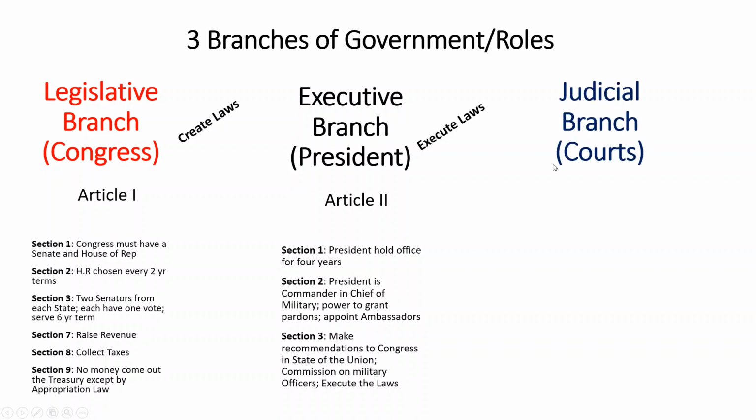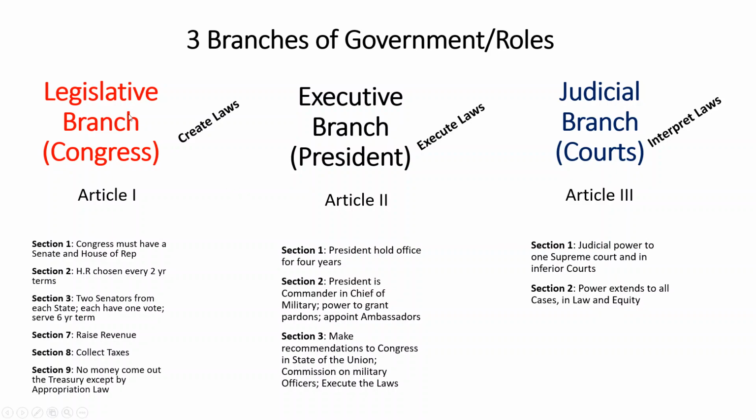The third branch of government is the judicial branch, which makes up all courts. The purpose of the judicial branch is to interpret the laws, make sure that they are not unconstitutional. The functions of the judicial branch are covered under Article 3 of the Constitution.